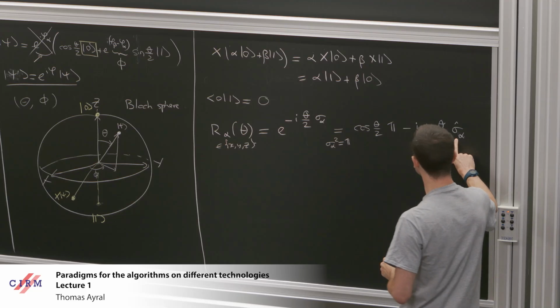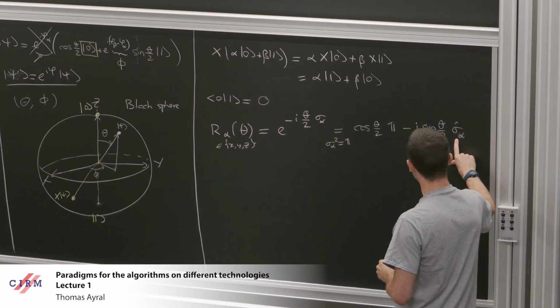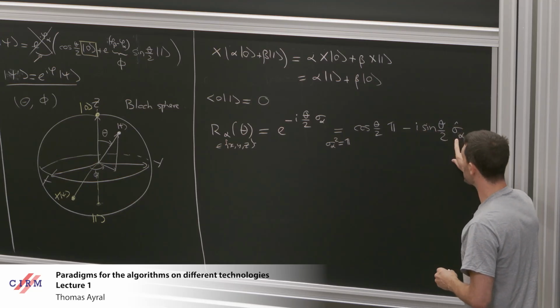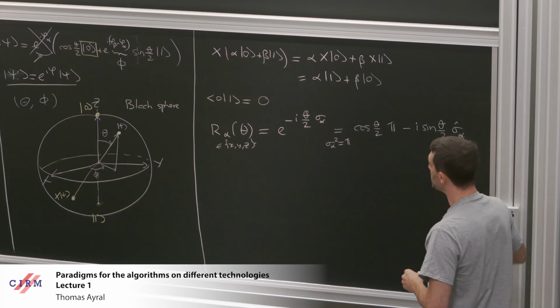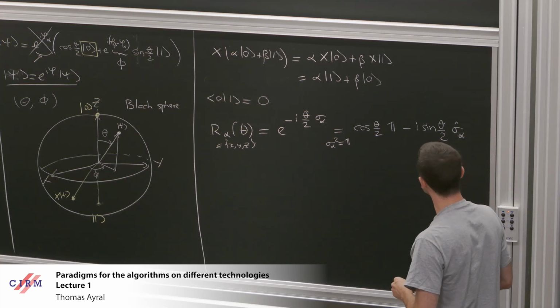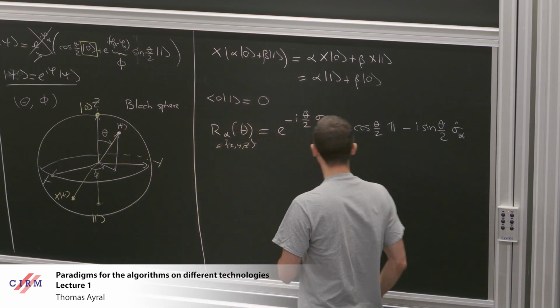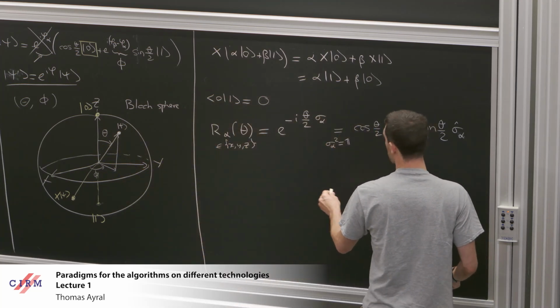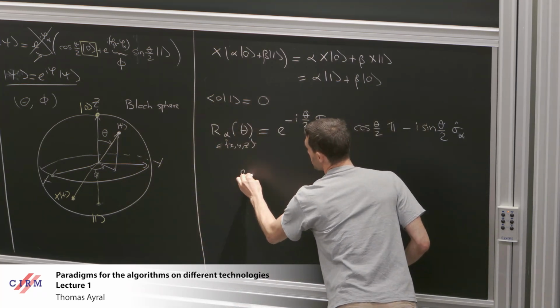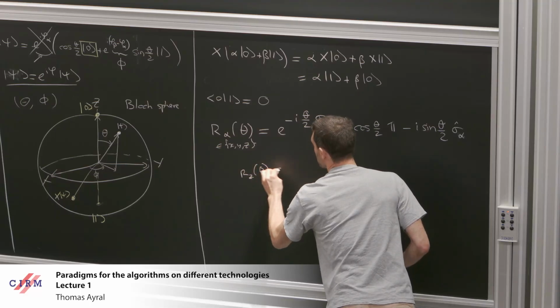And so in particular, you can see that we can recover, for instance, the z rotation. What would it be? Let's do Rz of theta.